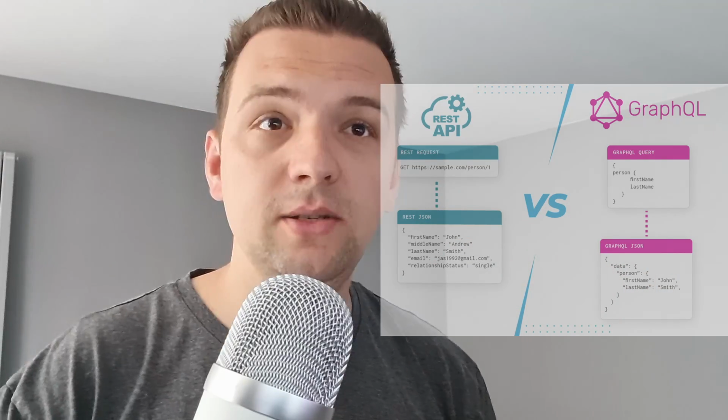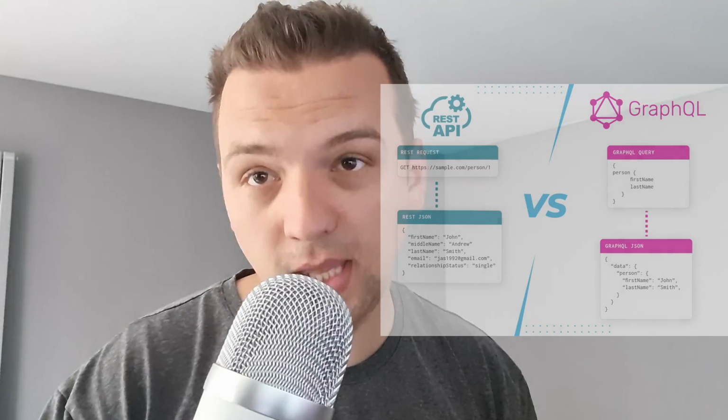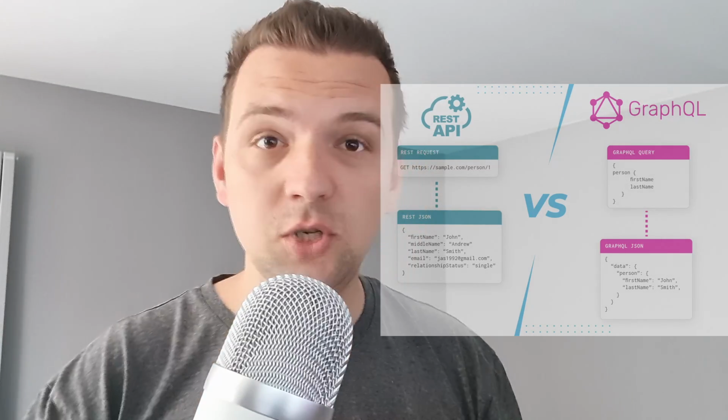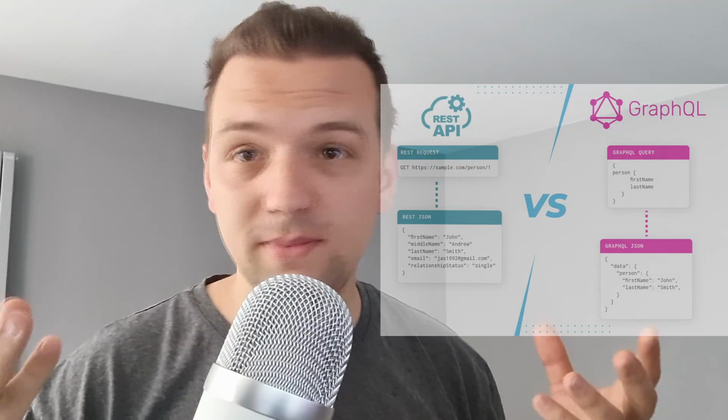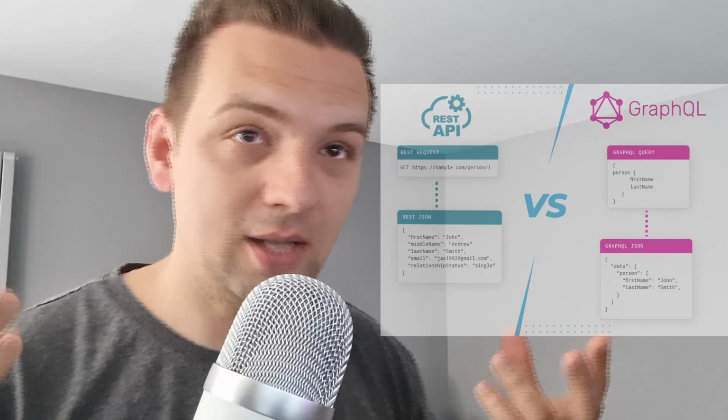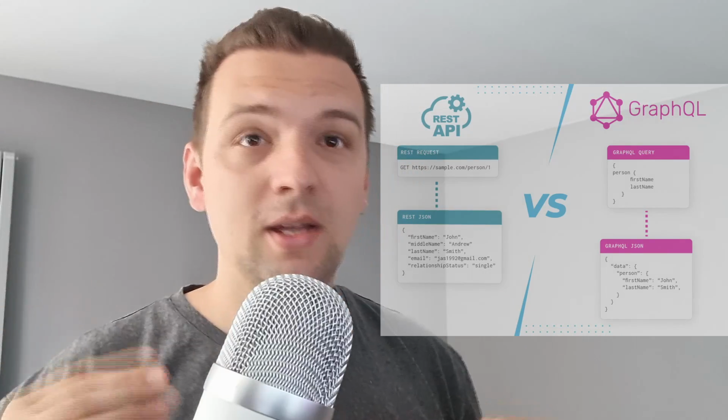How do you do that? Well, you can use a REST API. You can expose one endpoint for your clients, which can access only the type of data that they need. So they don't have access to your full server and everything you got there. You can expose whatever you need.